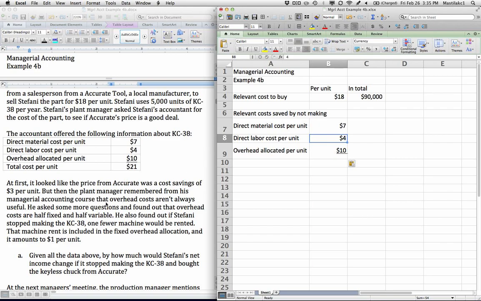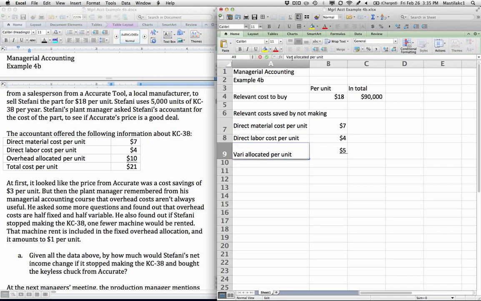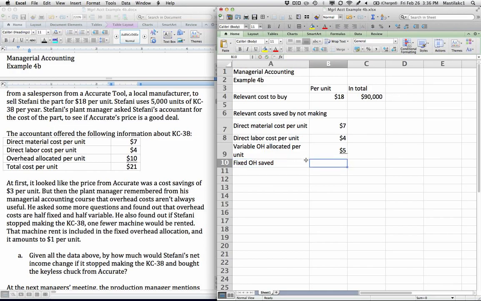The allocated overhead per unit, we're told half is fixed and half is variable. So I'm going to cut this down by 5, and I'll call that the variable overhead per unit. And we also have the fixed overhead we're going to save by not renting the machine anymore.